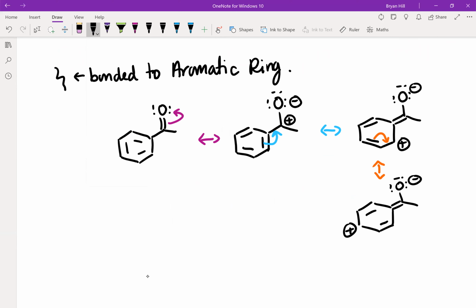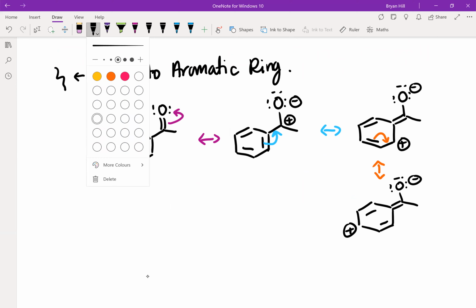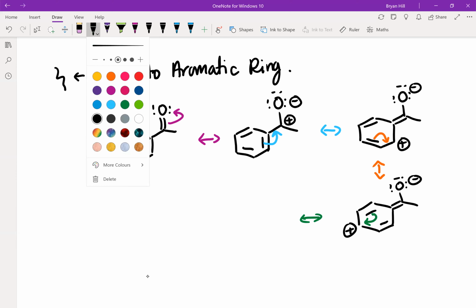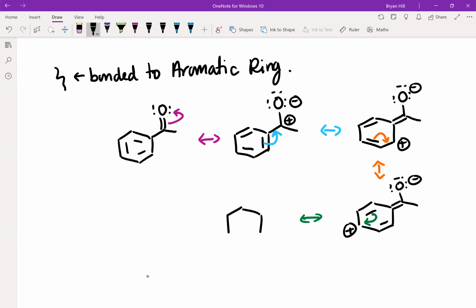So we're going back to basically our fundamentals here. And then let's use green. These electrons can go here. And I think you get the point that what we have here is a ring with positive charges in it, right?